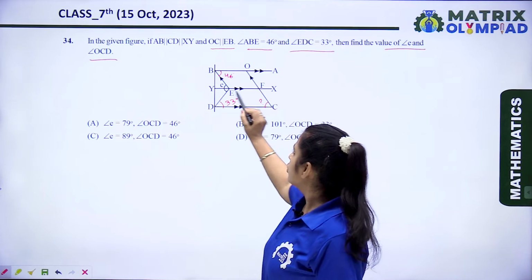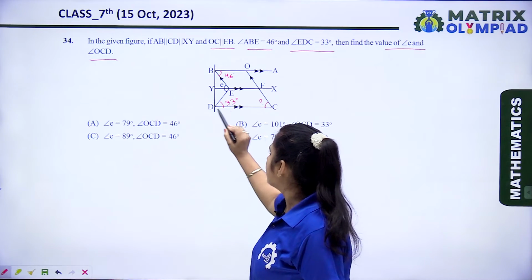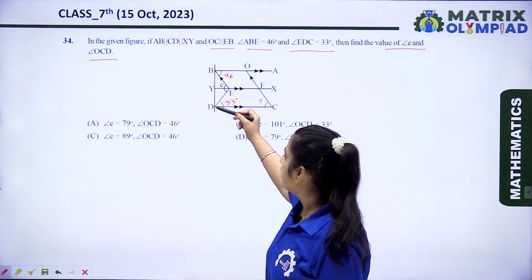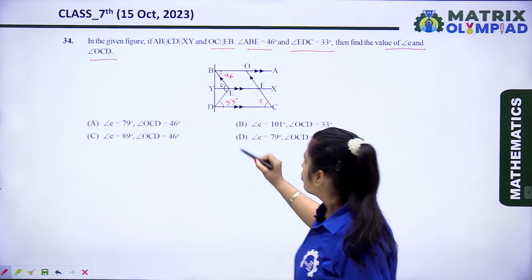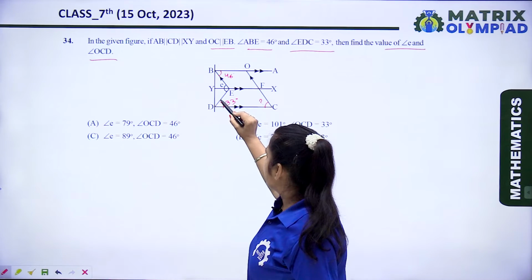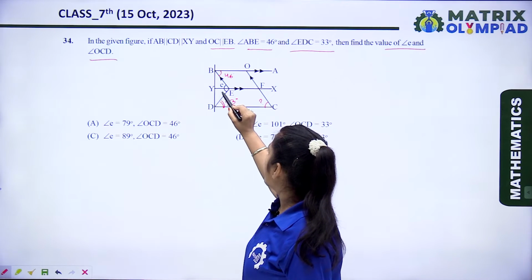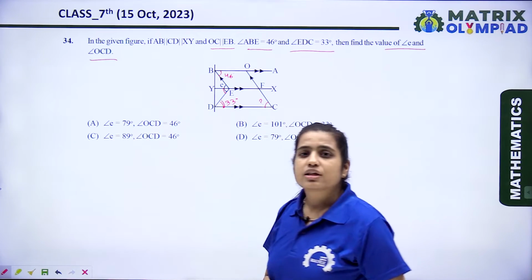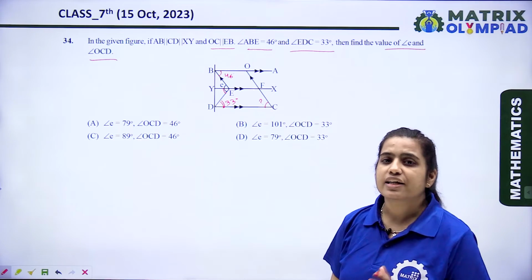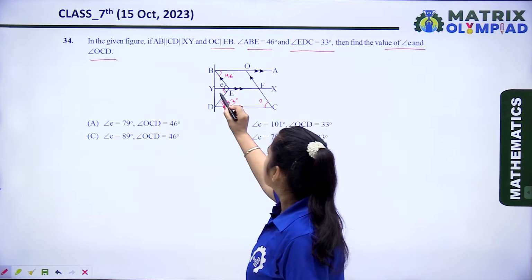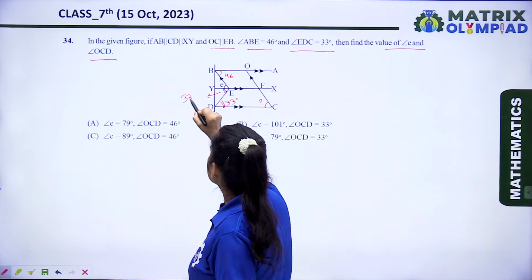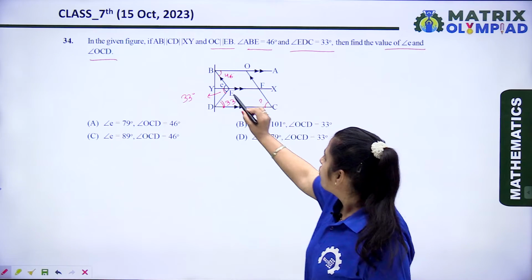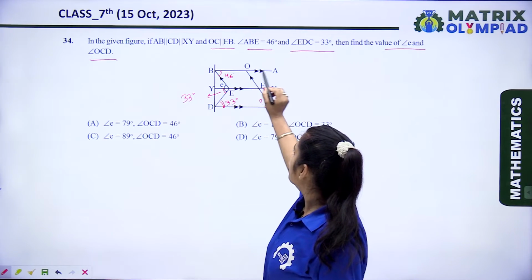So while looking at the two lines XY and CD, these two lines are parallel to each other and here ED is transversal. So here EDC is equal to angle YED because these two angles are alternate interior angles. So this will become 33 degree. In the same way, if we check the above two lines, YX is parallel to BA.